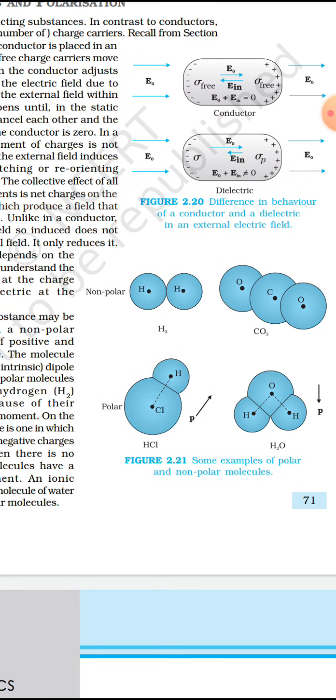Here, the electrostatic force and the electric field are not equal to 0 in a dielectric, but in a conductor they both are equal to 0.